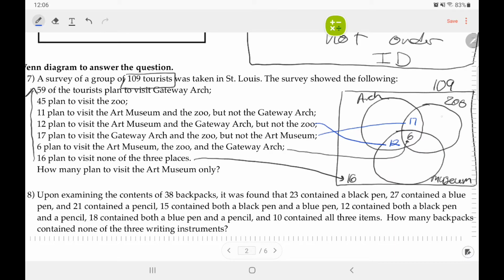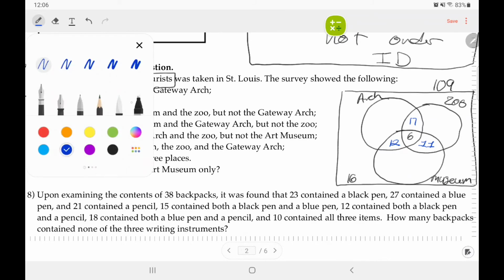Art museum and zoo, but not Gateway Arch is right here, so I'm going to put 11 right here. And I'm going to erase these silly blue lines and black lines since I don't need them.